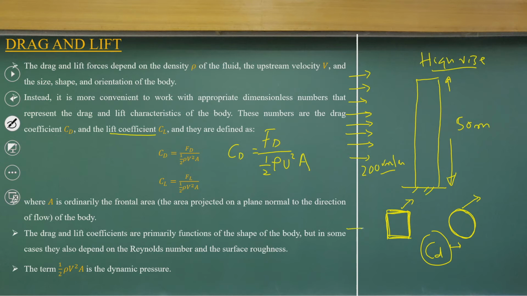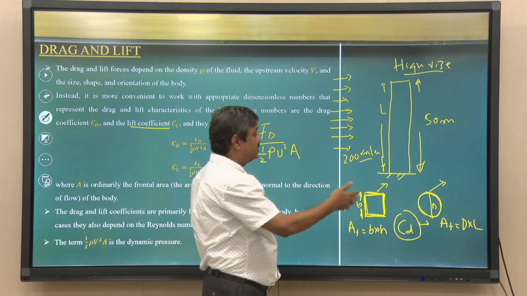For this case, my frontal area is B into H. But in this case, I have the diameter D and length L, so the frontal area will be D times L. That means you are looking at what the projection is, looking from the flow velocity direction.